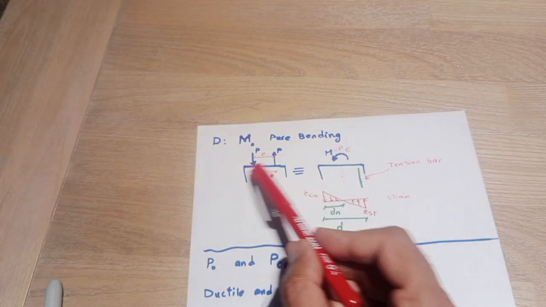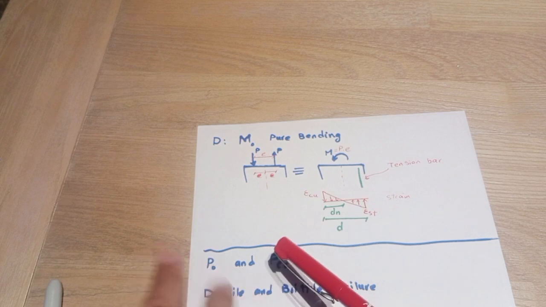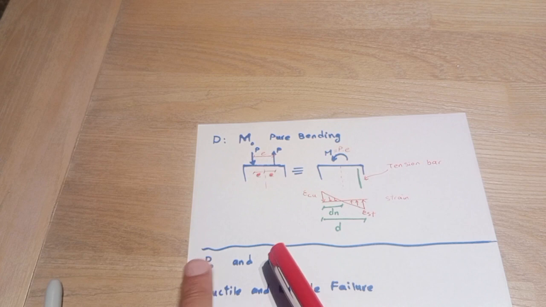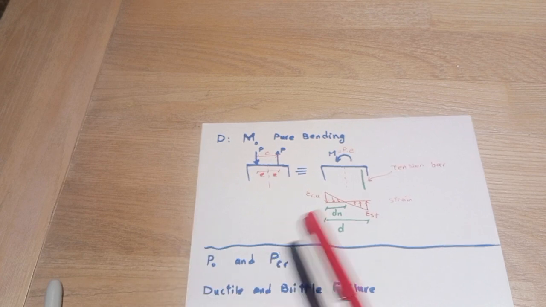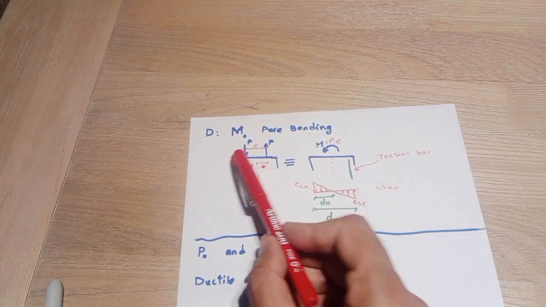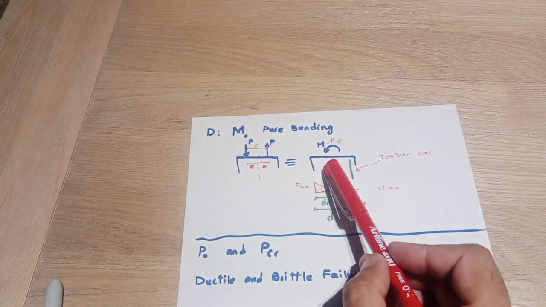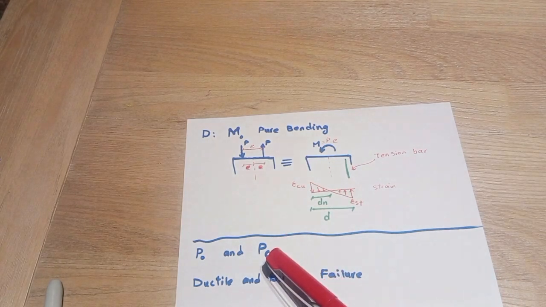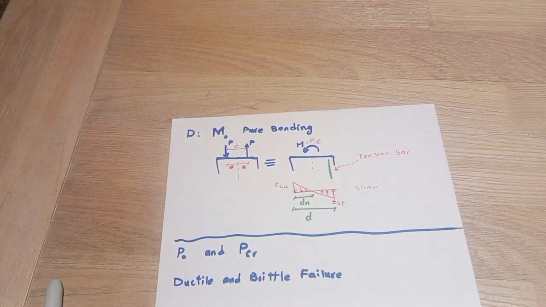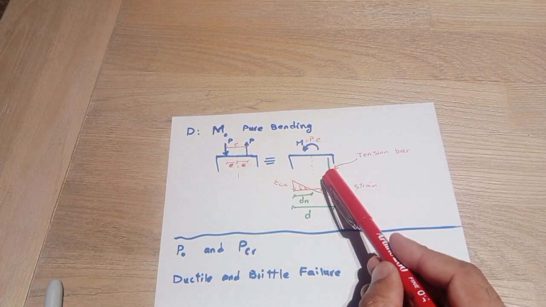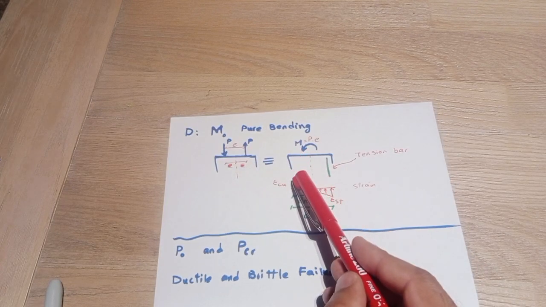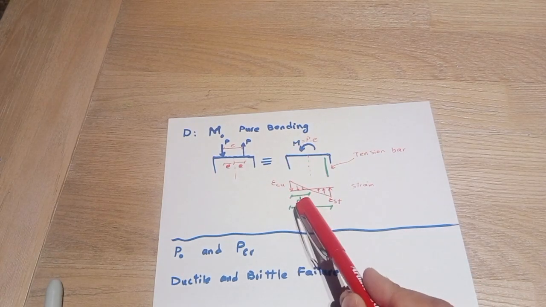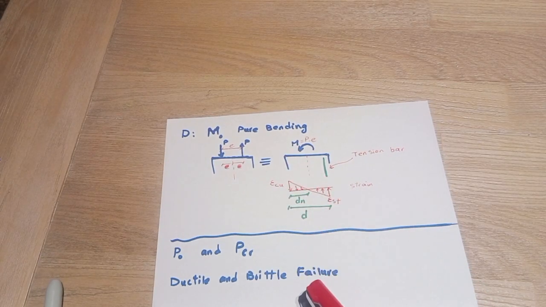It can be just a couple action of point loads at distance E from each other, and P minus P is 0 point load, but it gives P times E bending effect. And we have tension bar at the tension side and compression bar at the compression side, and also the compression part of concrete after the neutral axis.